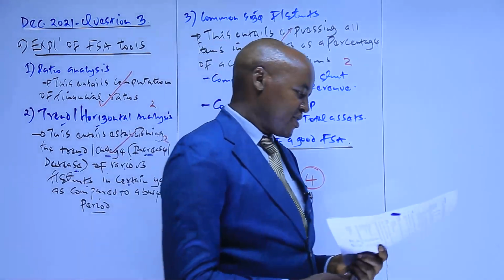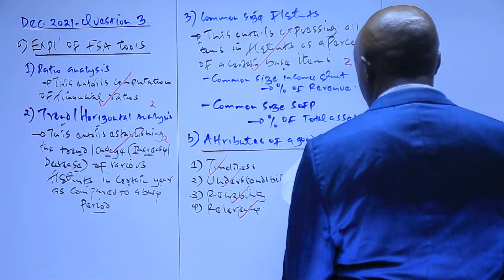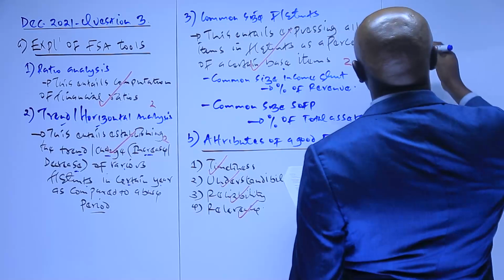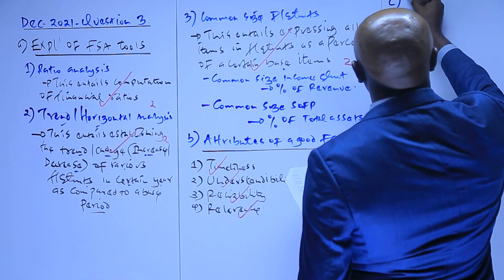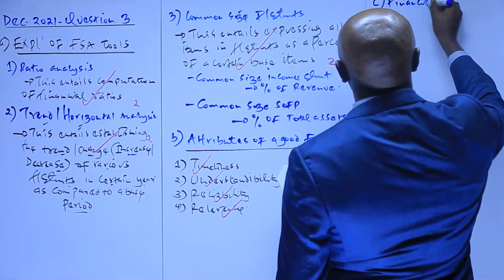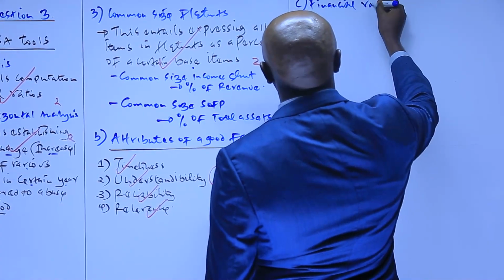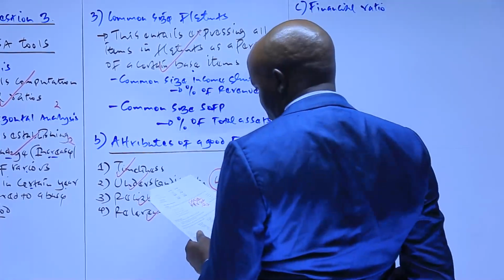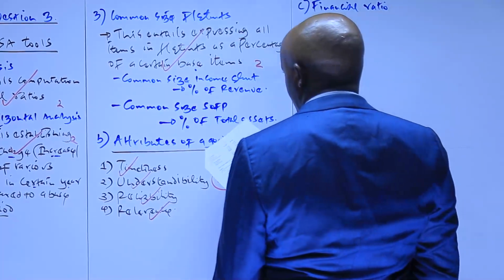So therefore, let's compute those ratios. This is part C of our question, whereby we are required to compute a number of financial ratios, and we are required to compute those ratios for 2 years.